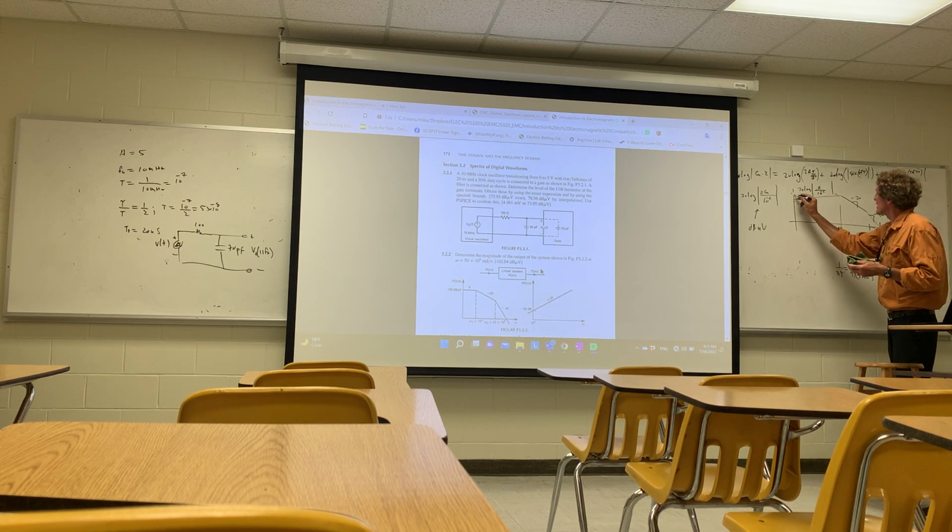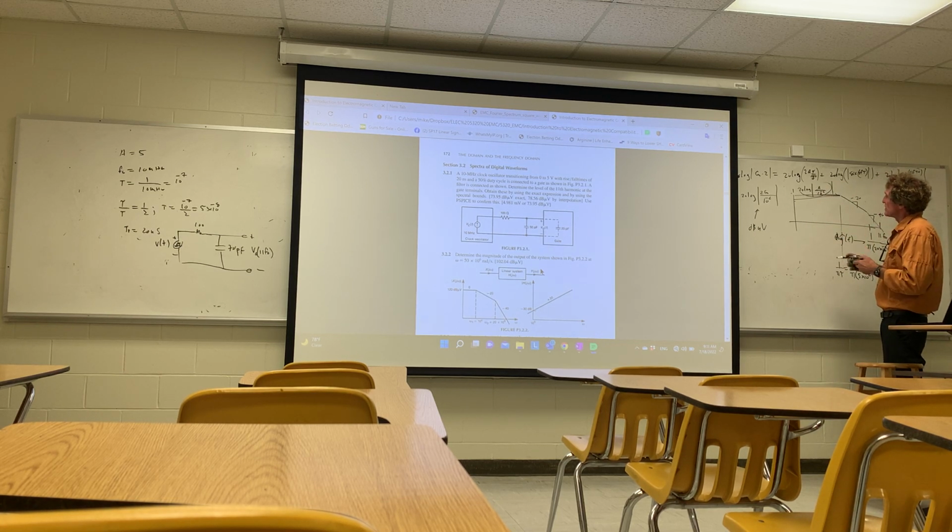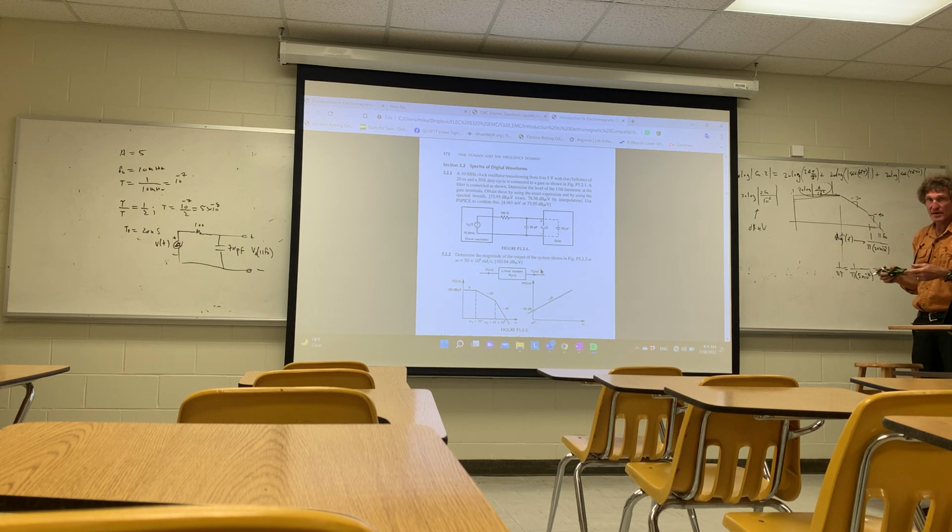I'm trying to get the level. This is supposed to be a flat line here. That level is just this, so it's going to be 20 times log of 5 over 10 to the minus 6. You with me on that? It stays at that value. This would be the source value until I hit the first break frequency, which is 1 over pi tau, which is 1 over pi times 5 times 10 to the minus 8.